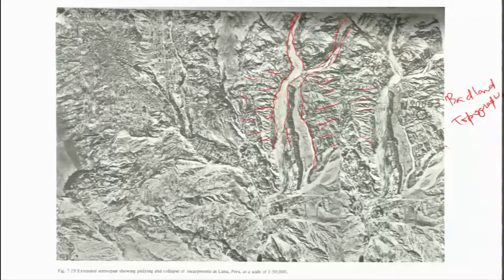Because suppose a river is flowing like this, this is the cross channel of a river, this is the highest water level here, and this is the topographic slope. Suppose there is an uplift, so what will happen?